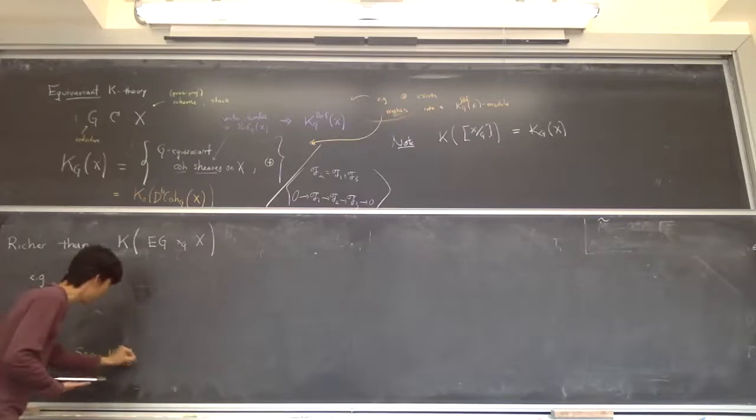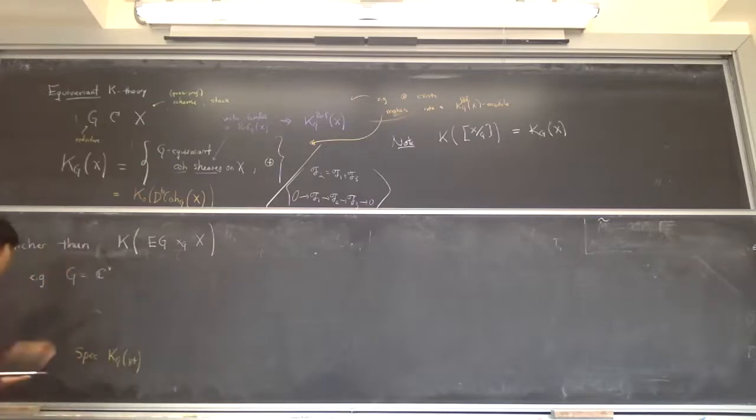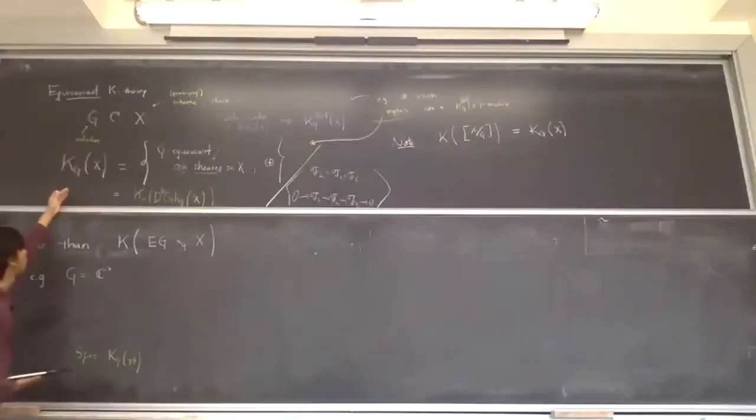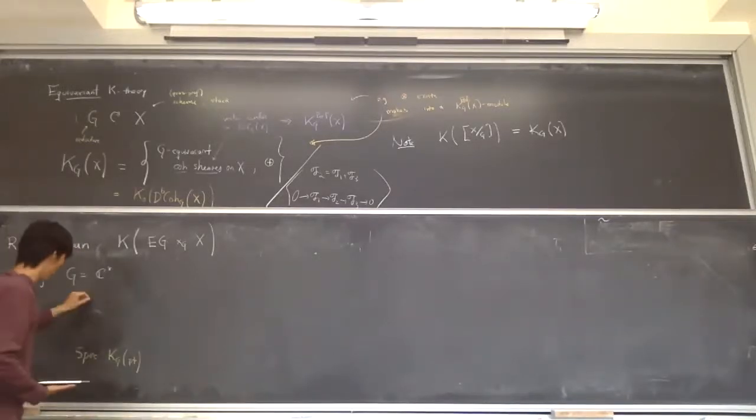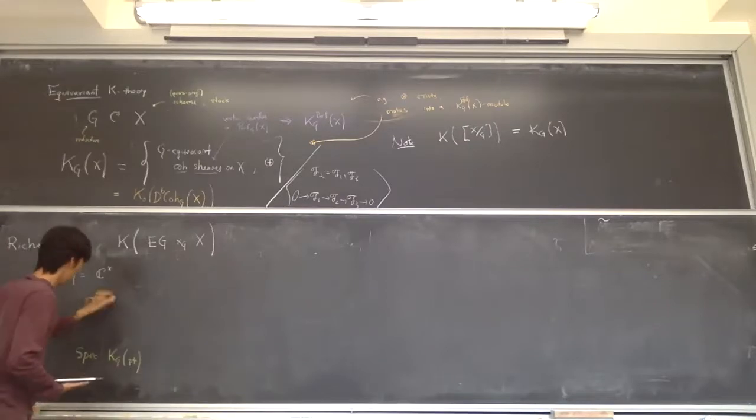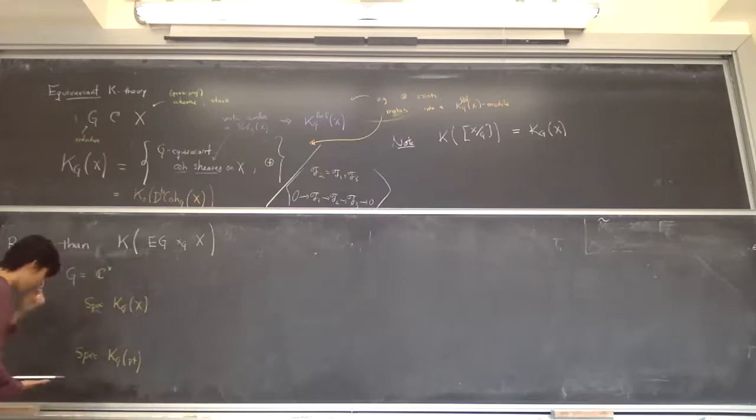KG of a point. And so I should say that not only will these things be groups, they will be modules for KG of a point, because any space maps to a point and you can pull back along that map. Okay. So you can think about the induced map on Spec.